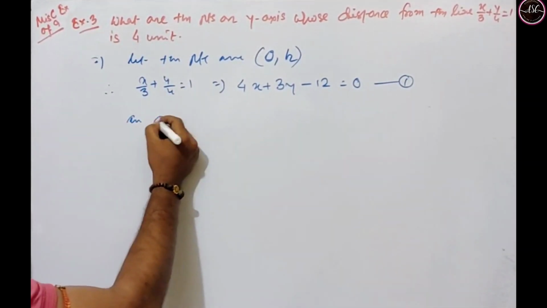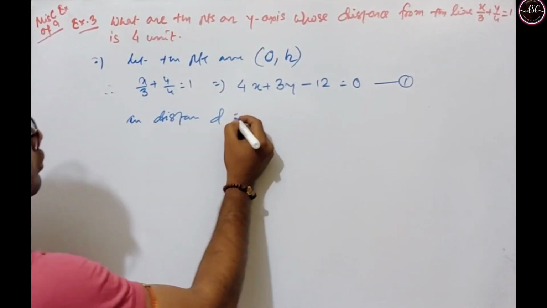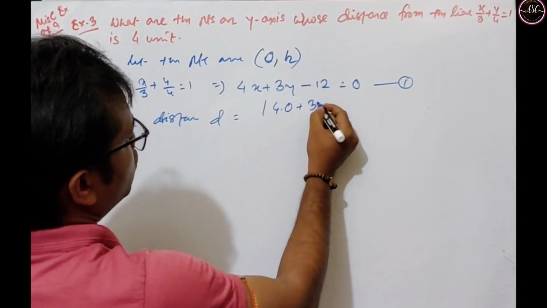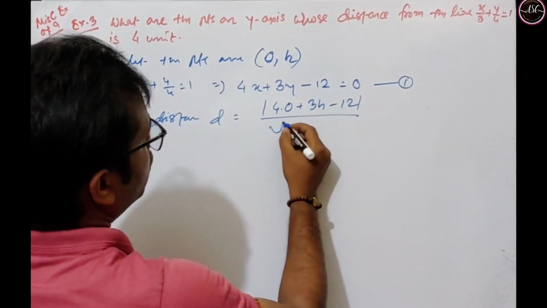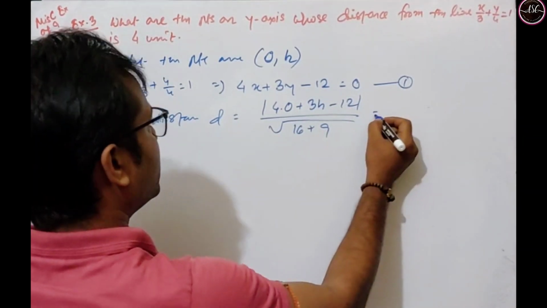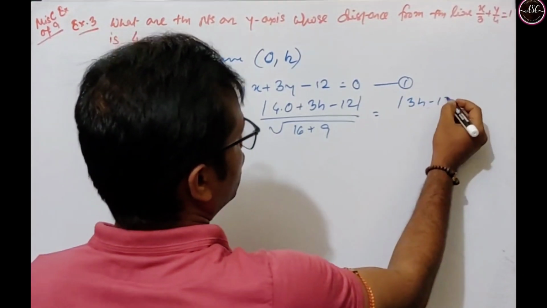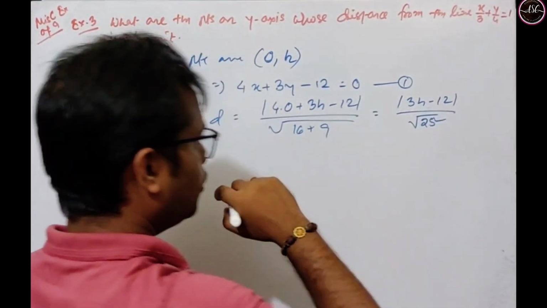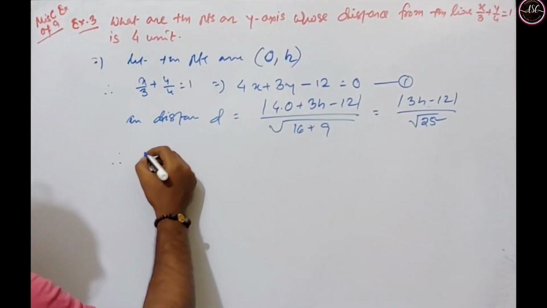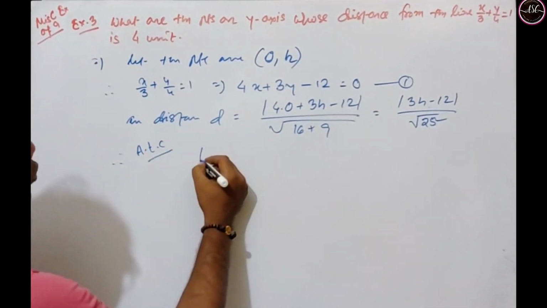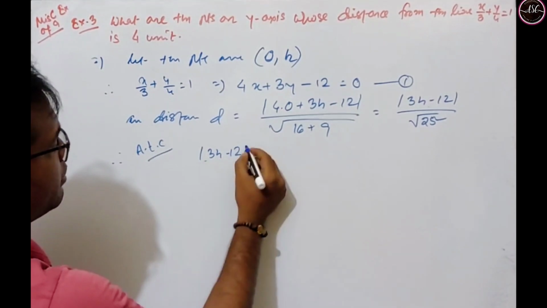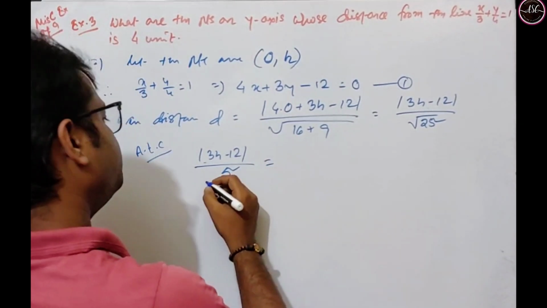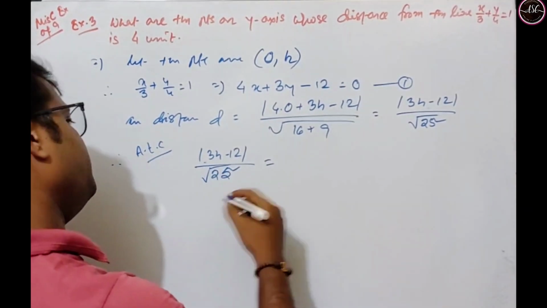So the distance d equal to mod of 4 into 0 plus 3 into h minus 12 divided by root 16 plus 9. That means mod of 3h minus 12 divided by root 25. Okay. So therefore, according to the condition, we have mod of 3h minus 12 divided by 5 equal to 4.